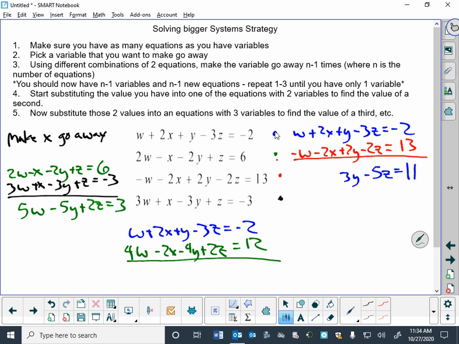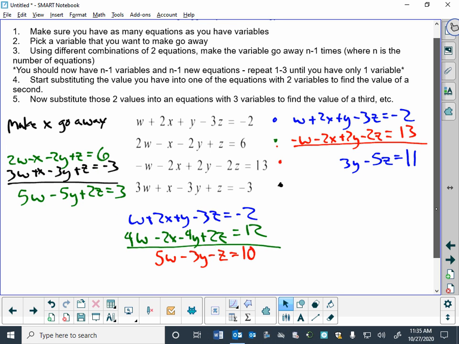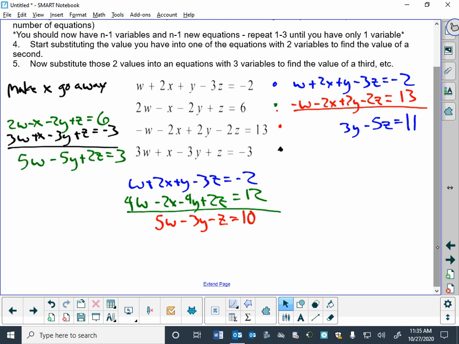And if I add those together, I want this to be a different color than before. I'll write this one now in red. So that gives me 5w minus 3y minus 1z is equal to 10. I now have 3 equations, and those 3 equations only use 3 variables.